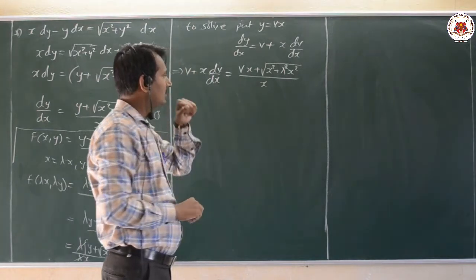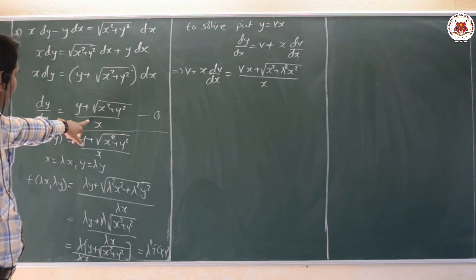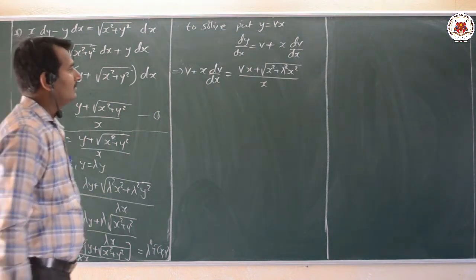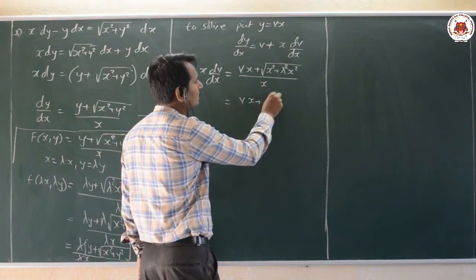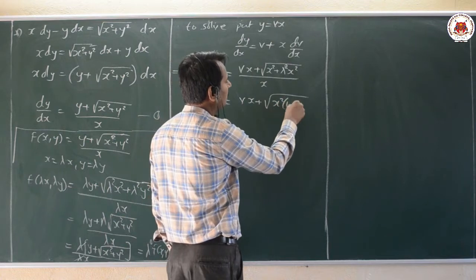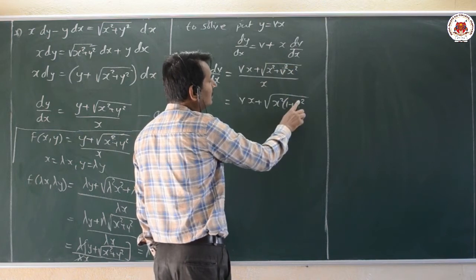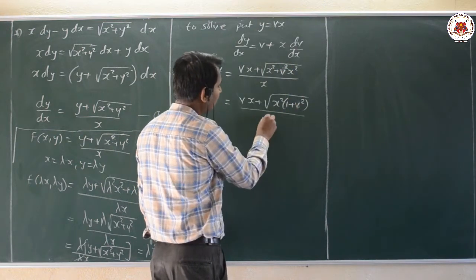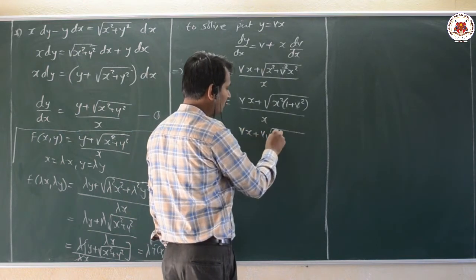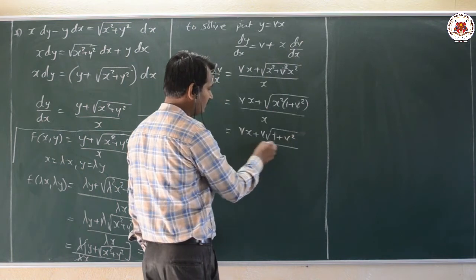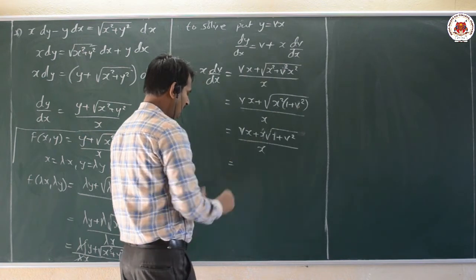Taking x square common, 1 plus v square, sorry, it is v here, dear students, not lambda, whole divided by x. That is vx plus x into the root of 1 plus v square.